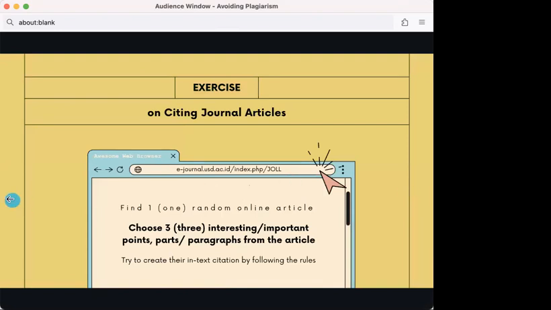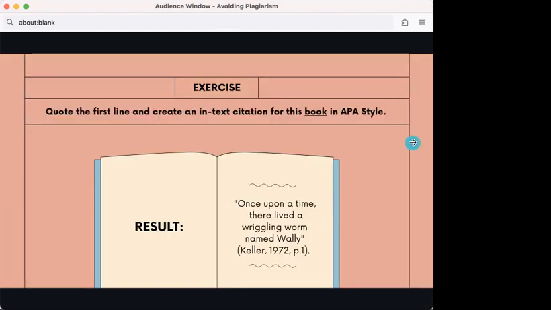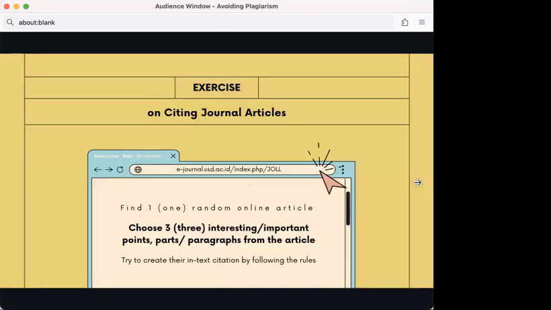Okay, so after you have tried to cite a very short source from one book, I will give you the opportunity to cite a journal article from JOEL. So please go to this website.